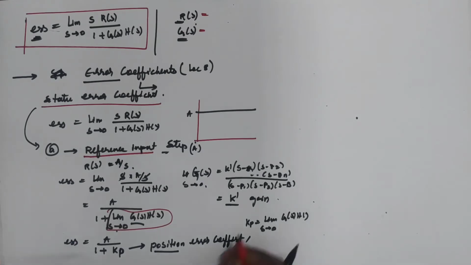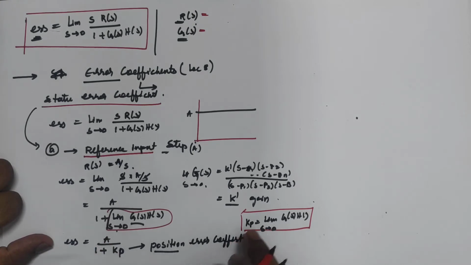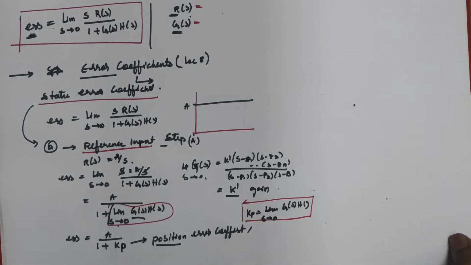That's it. For the step input, the steady state error value is A by 1 plus Kp, where Kp is the static or position error coefficient.